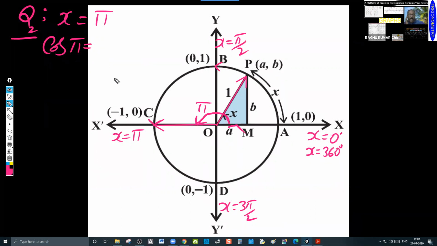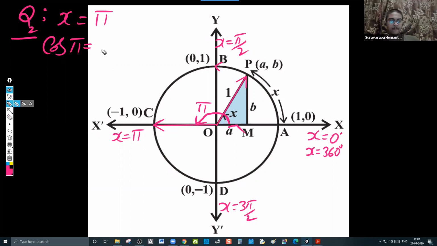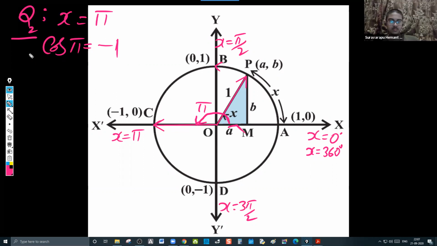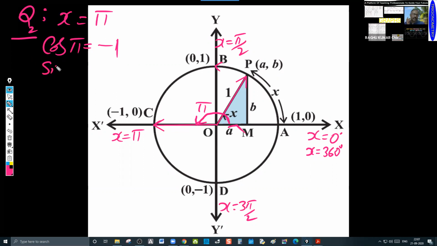So cos pi, what happens here when this is coinciding with the negative x-axis? What is the horizontal component here? -1. So cos pi becomes -1. Is there any vertical movement here? No vertical movement. So sin pi becomes 0.